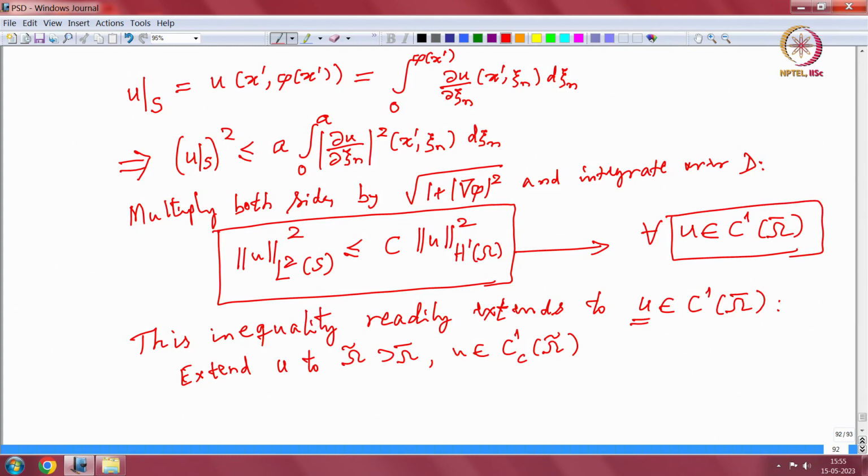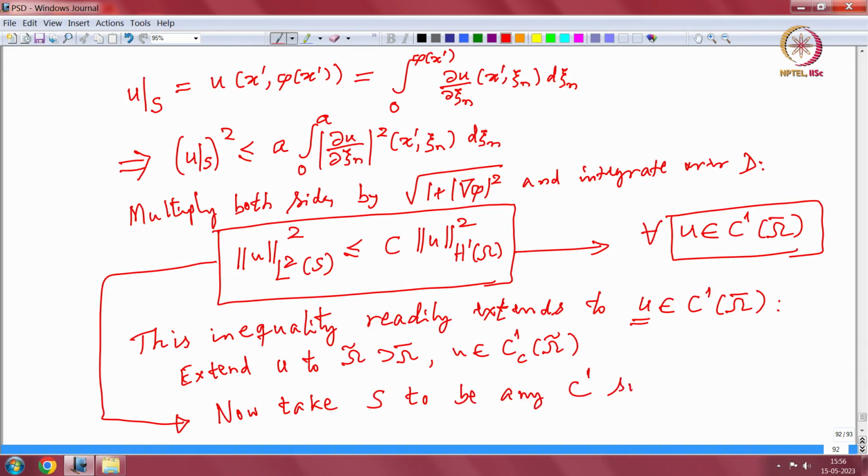Okay. So, this holds for only a simple piece. Let us not be in a hurry. So, now take S to be any C1 surface, since we are considering surfaces which are only finite unions of simple pieces.